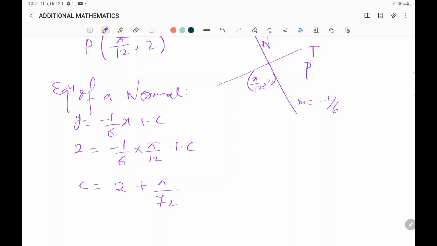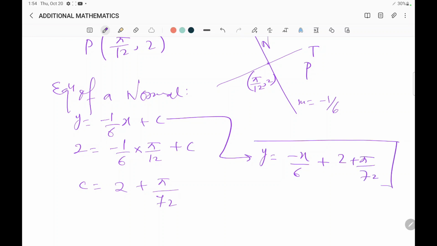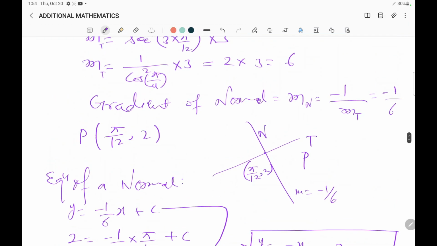So I got the equation of the normal: y equals minus x over 6 plus 2 plus pi over 72.